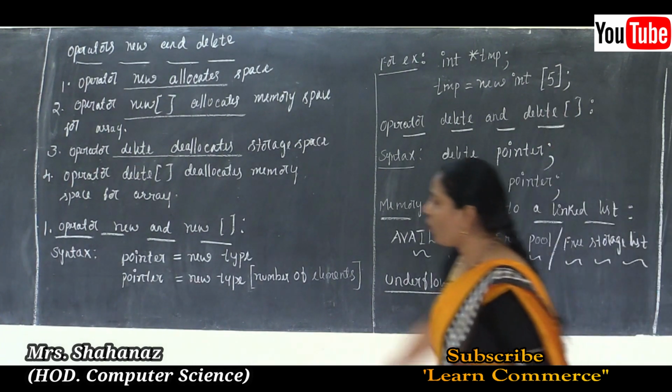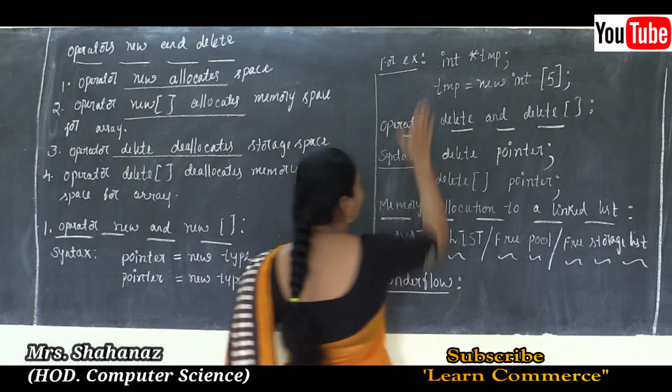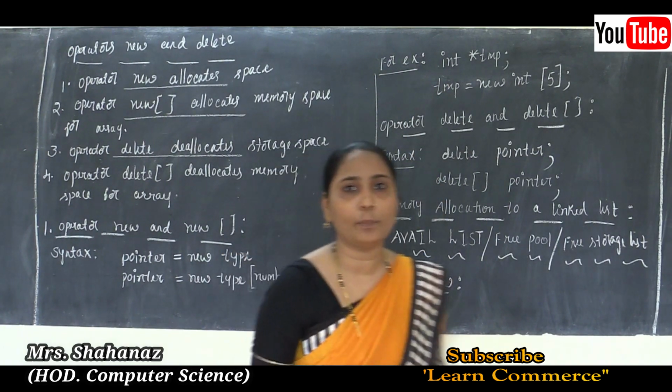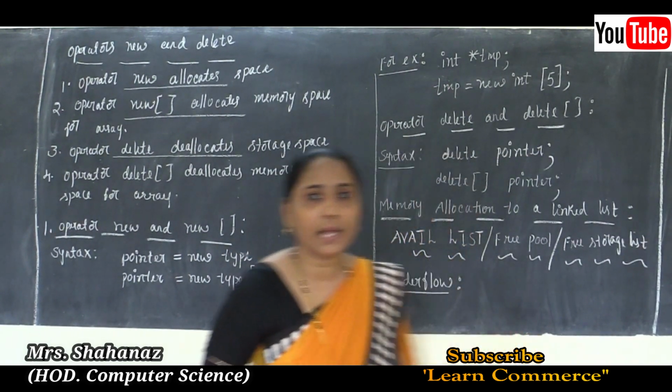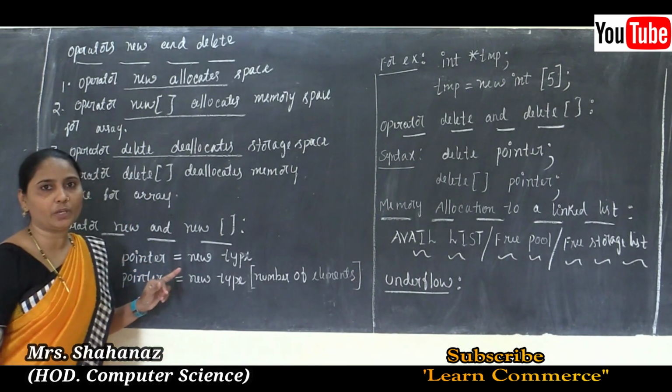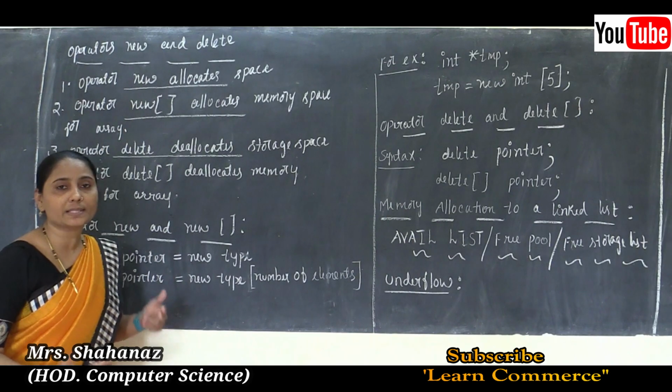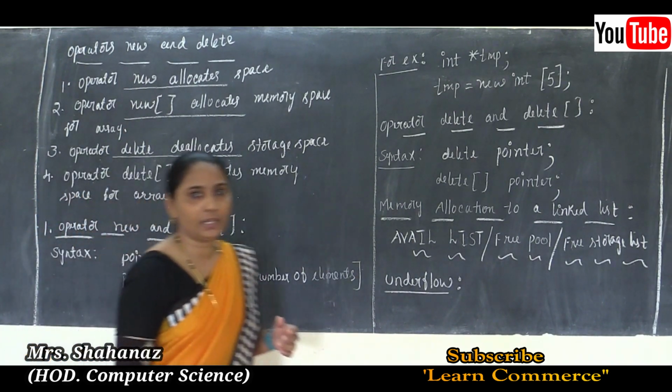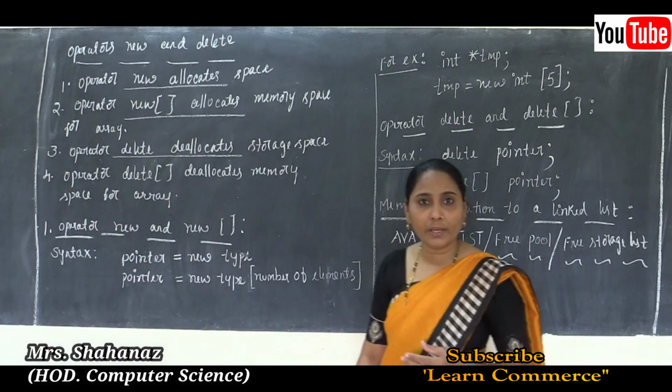Now, what's the meaning of this syntax, or what's the explanation of the example? Here we can say that dynamic memory is allocated. We know the meaning of dynamic: if you want extra memory, if you want to add some memory space into the linked list, it is called dynamic memory.